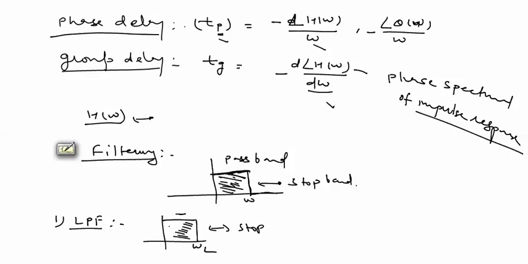Below this frequency, all frequencies are passed. Mathematically, H(omega) is 1 for frequencies below the cut off frequency, above which it is 0. Its bandwidth is omega L, as shown in the diagram.